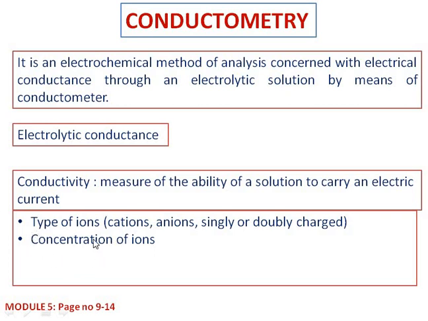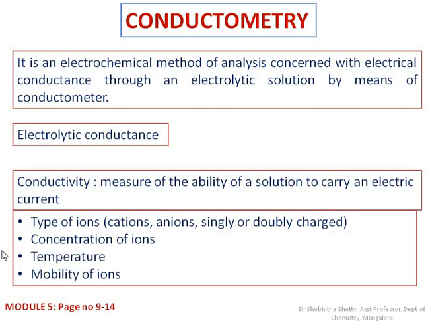As the concentration varies, the type of ions present also varies. Maybe a highly mobile ion can be replaced by a less mobile ion, so that the conductance decreases. The temperature of the system and the mobility of the ions also matter. So the concentration and mobility of the ions play a major role in determining the electrolytic conductivity of an electrolytic solution.